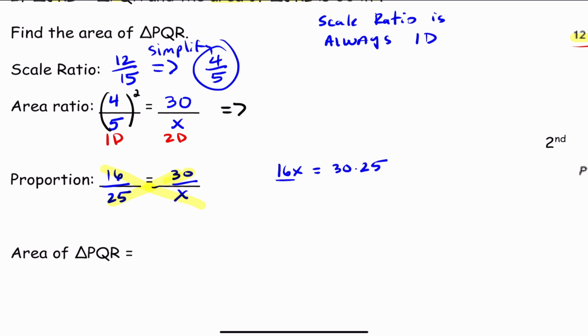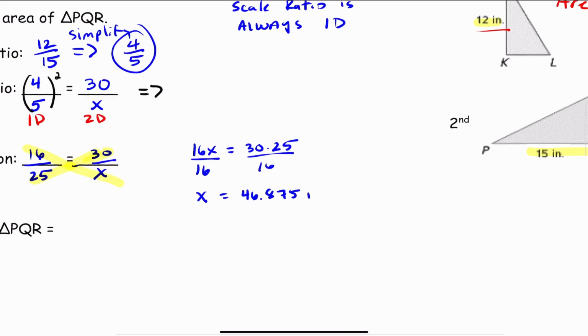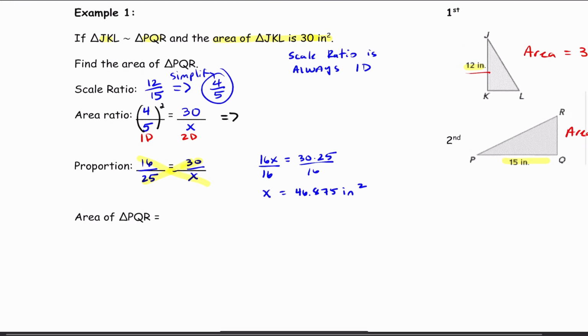I'm just going to go ahead and divide both sides by 16 here. So x is equal to, and this is where you're going to use your calculator. You're going to multiply the two numbers in the numerator, meaning 30 times 25, hit enter, and then divide by 16, and what do you get? You get x equals 46.875. Do we have anything here in terms of units? Yes, we have inches squared. And that's how you do number 1.